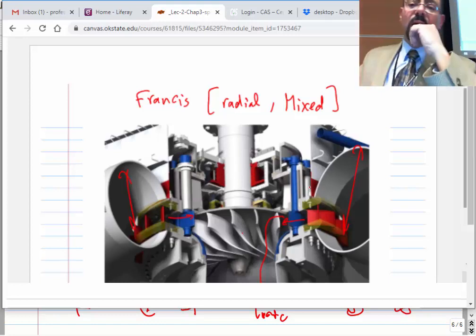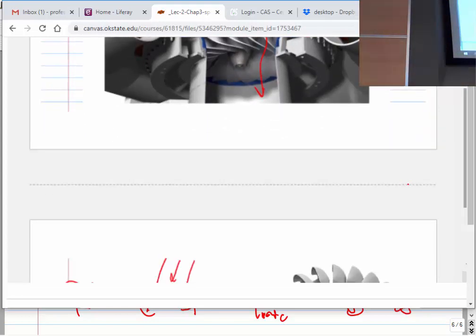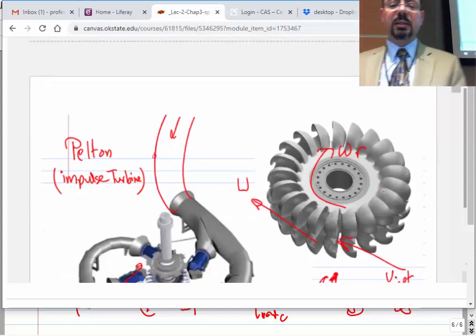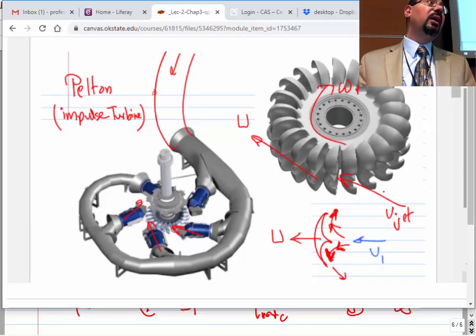Okay? And the third kind is this. This is called a Pelton wheel. Okay?